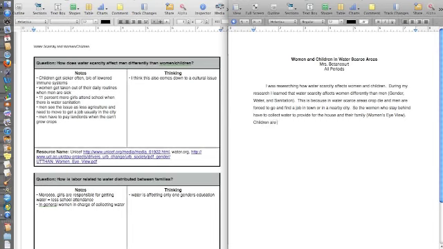Children are also affected by water scarcity differently. This is because, in general, children have weaker immune systems, and in water scarce areas, sometimes the water is unsanitary.